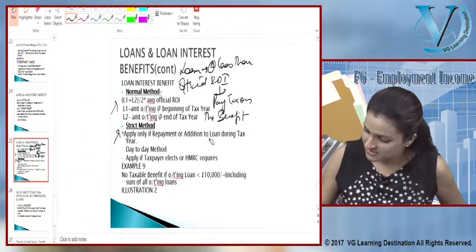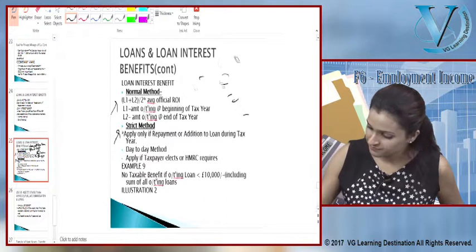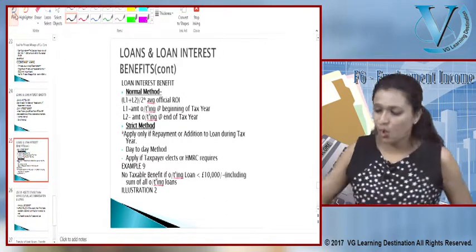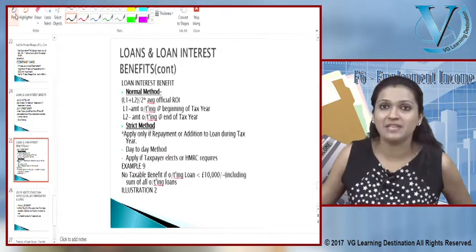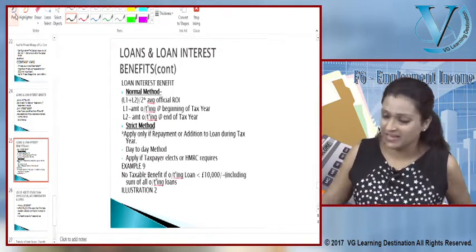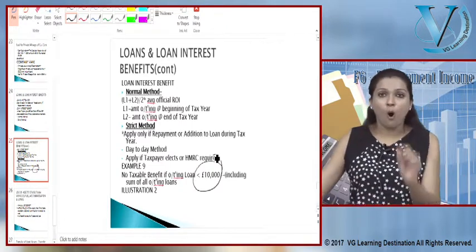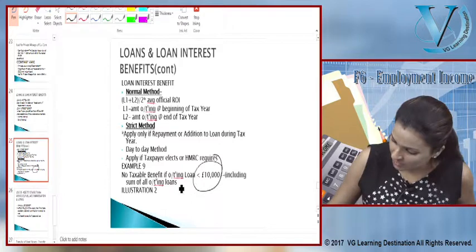Now there's also another rule to it, which basically states that there is no taxable benefit if the outstanding loan is less than £10,000, which includes the sum of all the total outstanding loans.